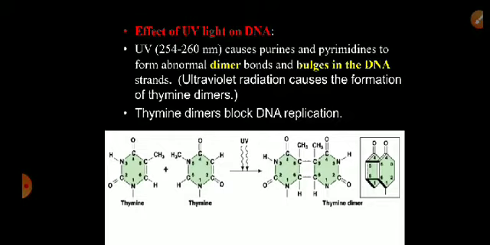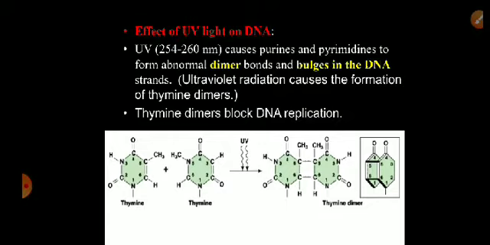When a cell is exposed to UV light, both DNA and RNA absorb it, and high energy free radicals are created. One base may get converted into another base, that means a transition mutation can take place.